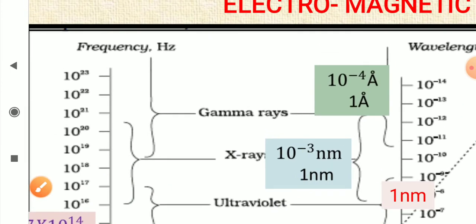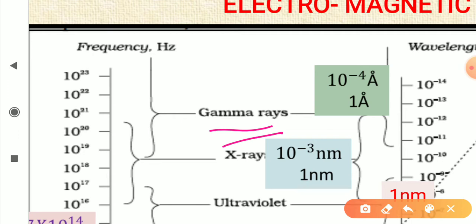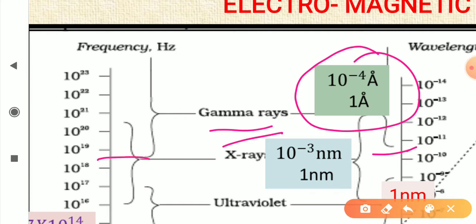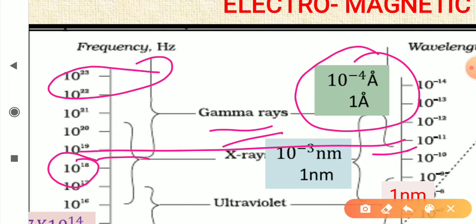Then after X-rays we have gamma rays, and you can see the overlapping. The range varies from 1 angstrom up to 10 raised to the power minus 4 angstrom, and the frequency range is something like 10 raised to the power 18 hertz up to 10 raised to the power 22 hertz. So there is no clear-cut demarcation.